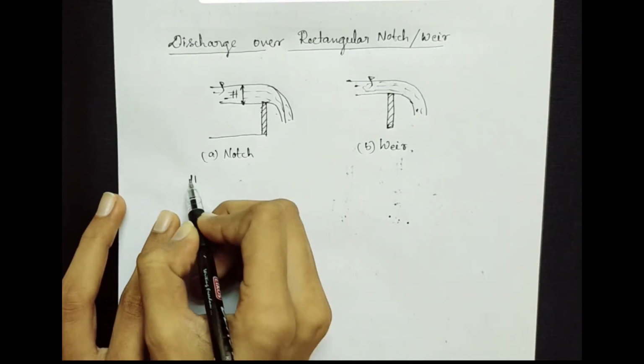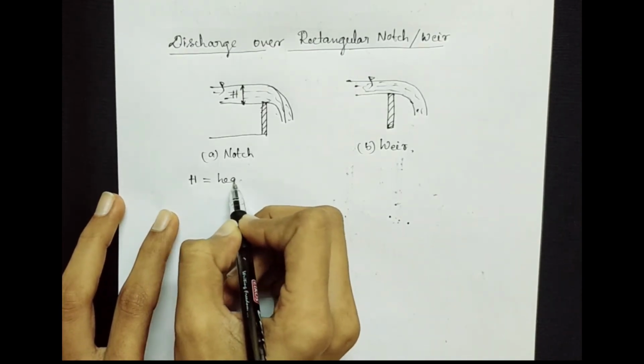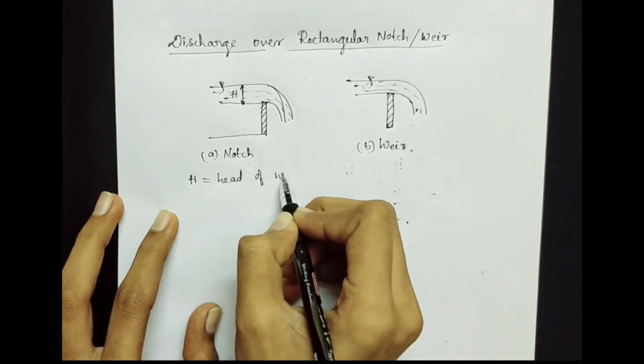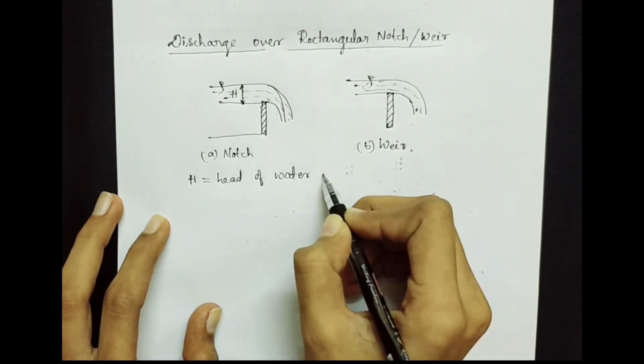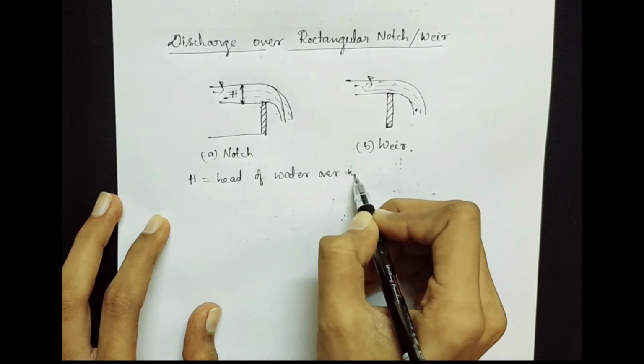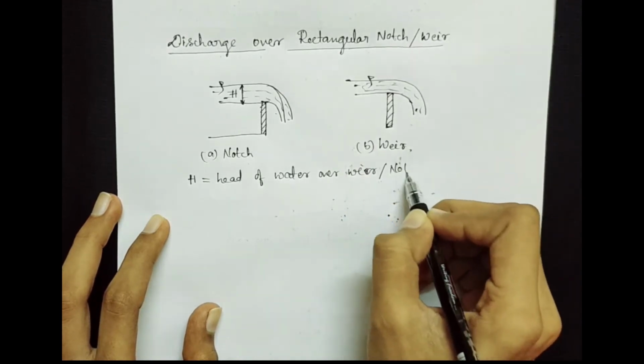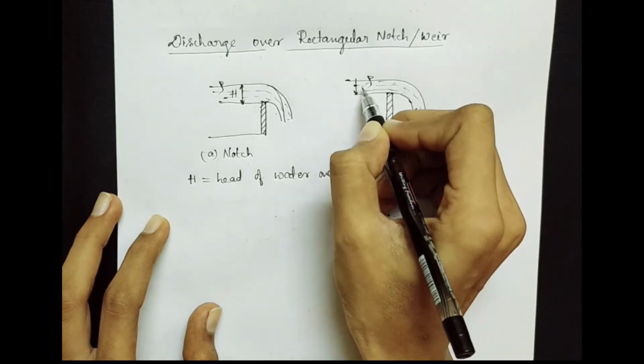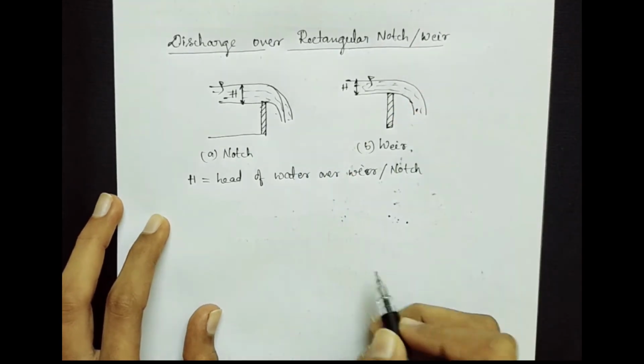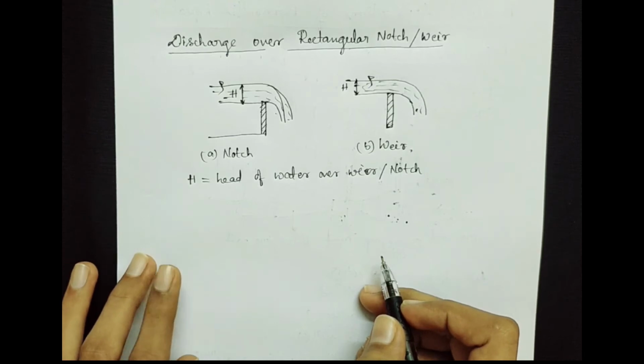Here H is the head of water over the weir or notch. You can see this is the head of water which is flowing over the notch or weir.